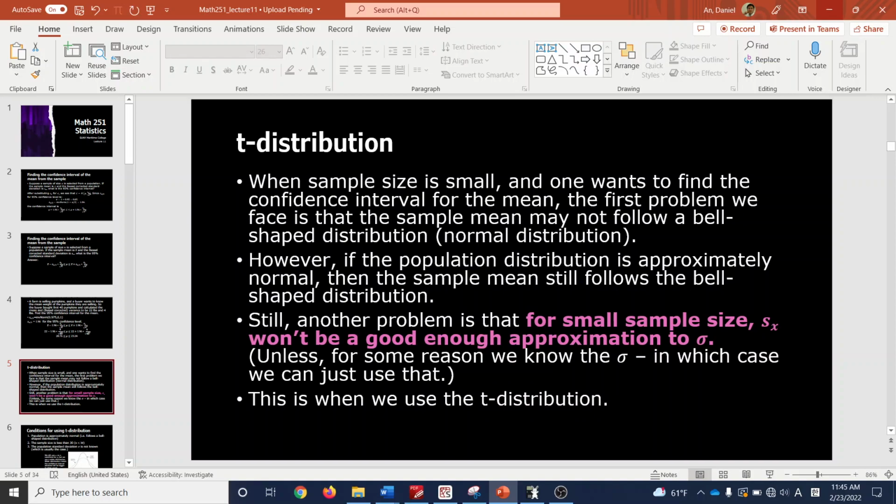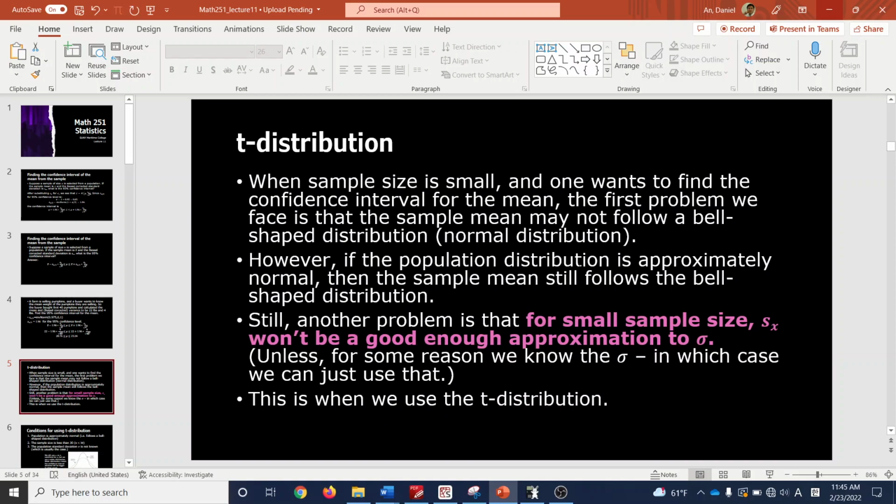But in the experiment we ran yesterday, we had this M-shaped distribution for the population, right? And when we had small sample sizes, the resulting mean value didn't look like normal. However, if the original population is not exactly normal, but somewhat normal, somewhat bell-shaped, in that case, the mean values of small sample sizes still follow normal distribution.